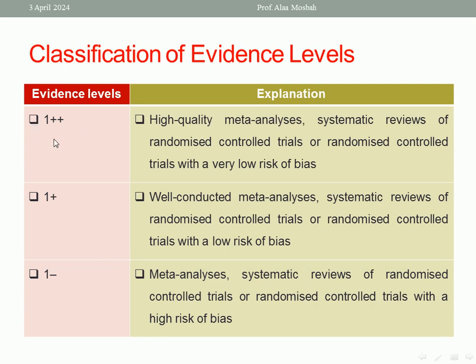What is the explanation of this level of evidence? 1 plus plus means a high quality meta-analysis, systematic reviews of randomized controlled trials, or randomized controlled trials with a very low risk of bias. 1 plus means well controlled, well conducted meta-analysis, systematic reviews of randomized controlled trials, or randomized controlled trials with a low risk of bias.